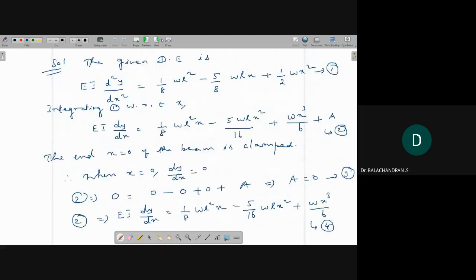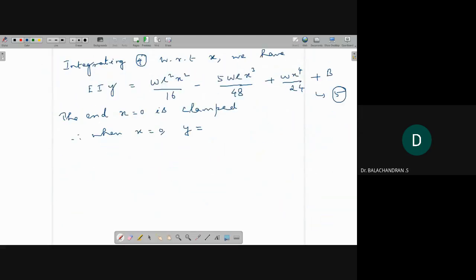So y is equal to 0. So I call this equation 6. Okay. Similarly, the end x is equal to L is... Nandini, can you tell x is equal to L in the question is what?